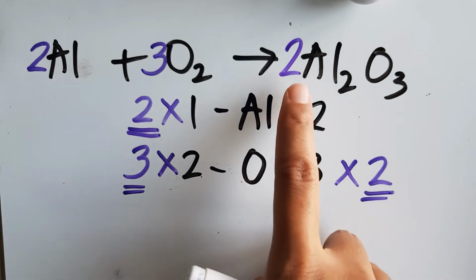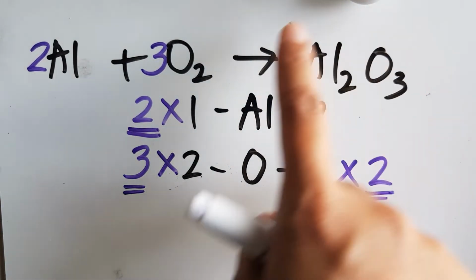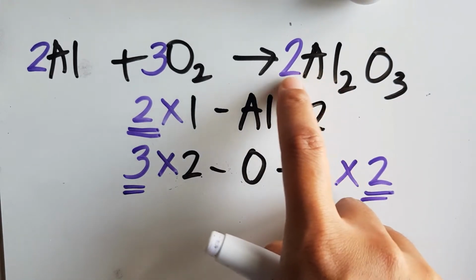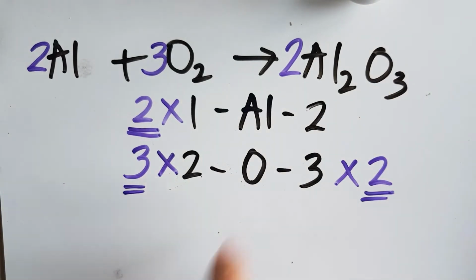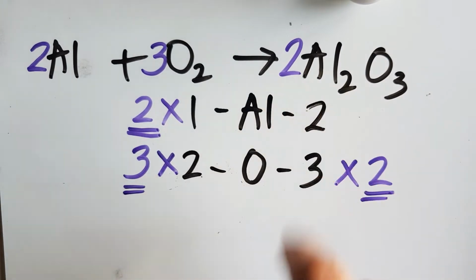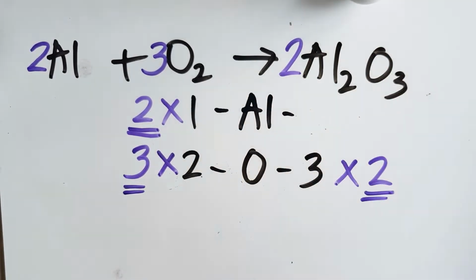So this also alters the other elements in the whole term. Remember that coefficients multiply to each variable in the term. So this means I have 2 times aluminum, so 2 times 2, I have 4 aluminum atoms.